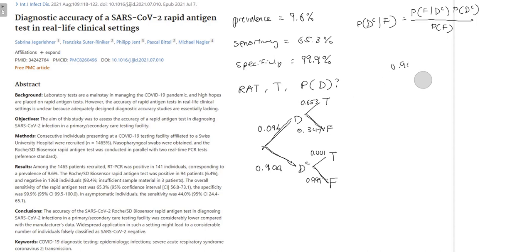So it's 0.904 times 0.999 over 0.904 times 0.999 plus 0.096 times 0.347.